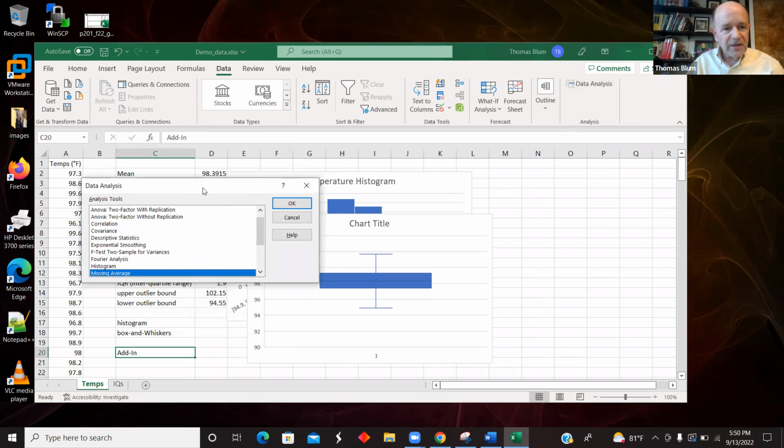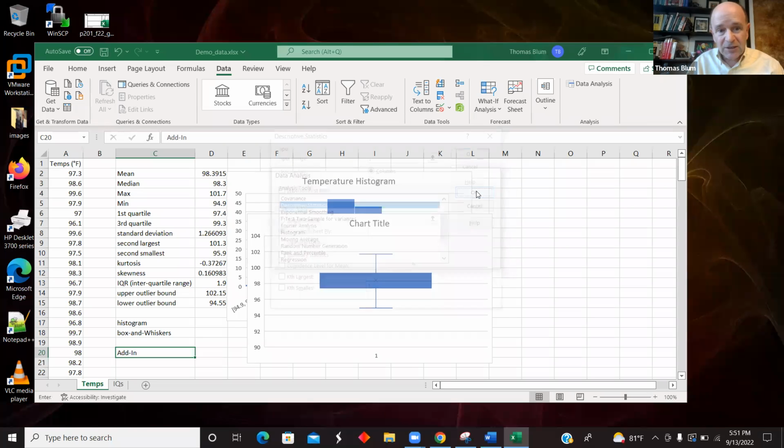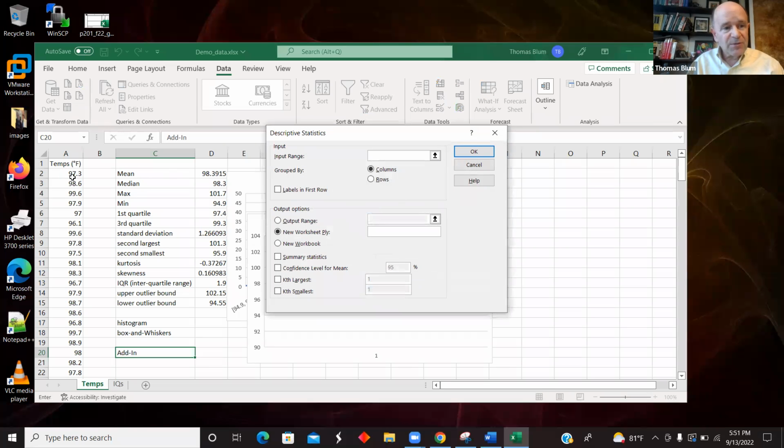So I can click on Data Analysis and ask for various things. I can ask for histogram for analysis. Descriptive statistics is a bunch of what we've just done, all grouped together. So I can say descriptive statistics, okay. And then I can say, what's my range?